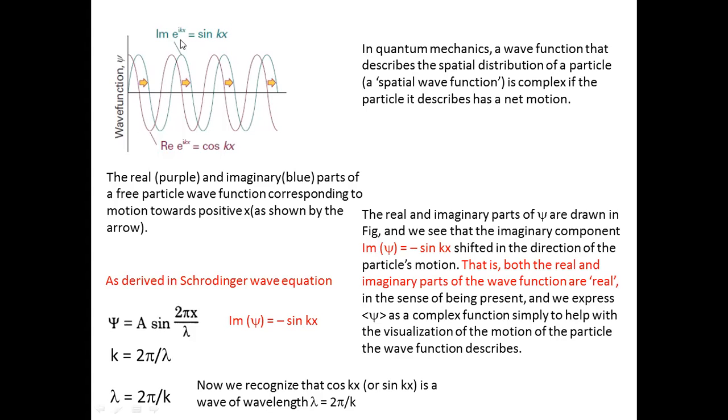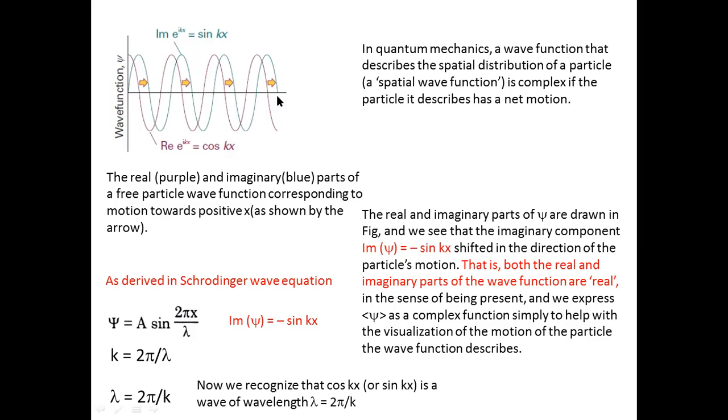And there are mainly two waves. One we call the real, that is the purple, this is the real wave, and the other one is called the imaginary wave. There are two waves, parts of a free particle wave function corresponding to the motion towards the positive x.